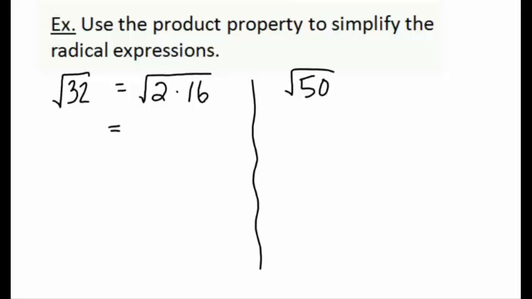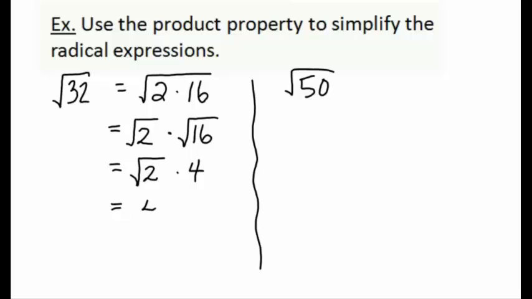And using the product property, we can break apart this square root into square root of 2 times square root of 16. Square root of 2 is in simplest form, but the square root of 16 we can rewrite as 4. We know that 4 times 4 is equal to 16. Generally, we put the square roots second and the integer numbers first. So I'm just going to rearrange this. We'd usually write this as 4 root 2.